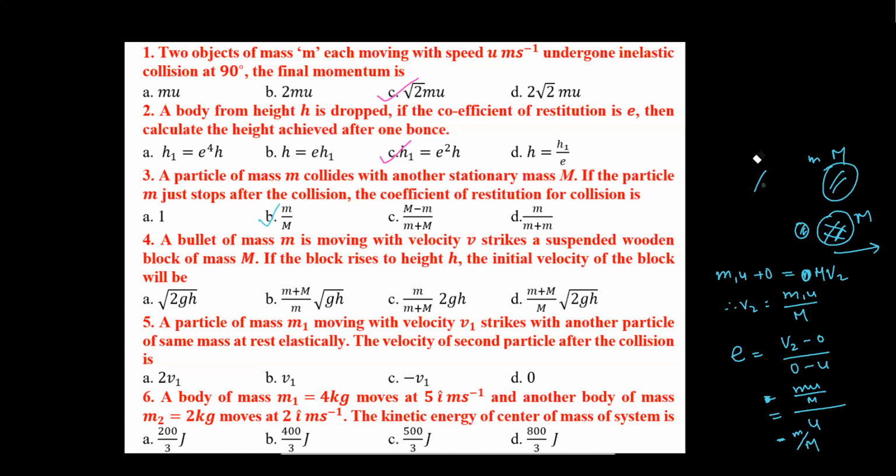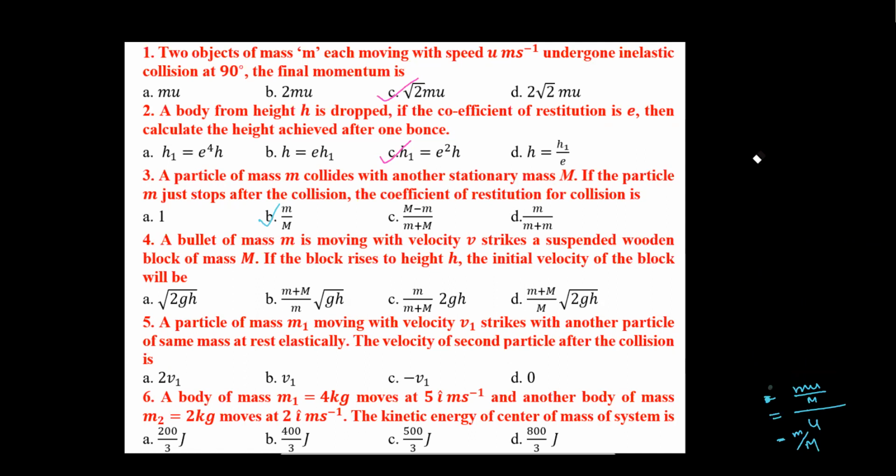It is again related to simple mathematical calculation. Here again we have to utilize the concept of conservation of momentum and conservation of energy. It says that a bullet is fired, moving with velocity v and mass m, and it strikes a suspended wooden block of mass M. Suppose this is the bullet traveling with velocity v, and on some rigid support there is a block suspended.